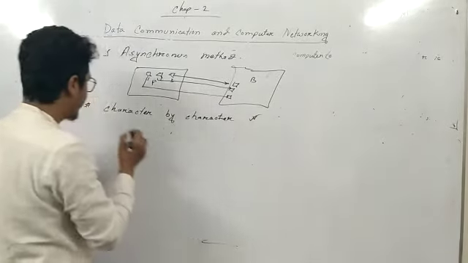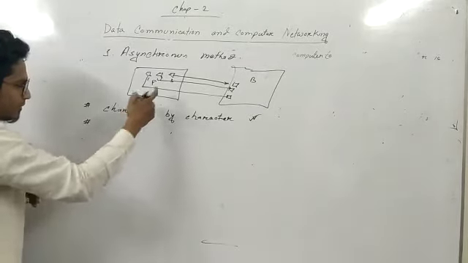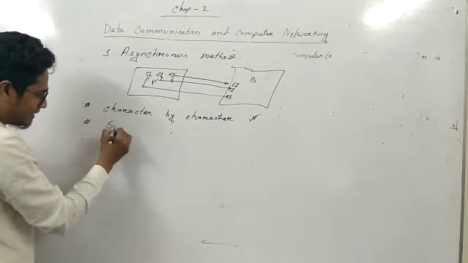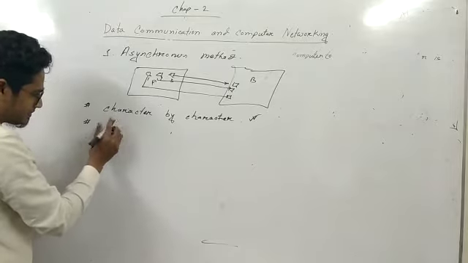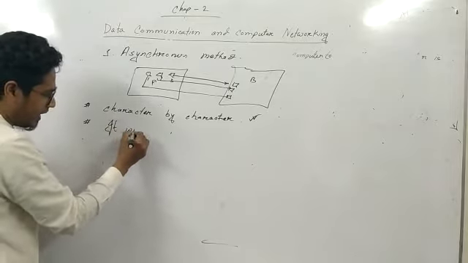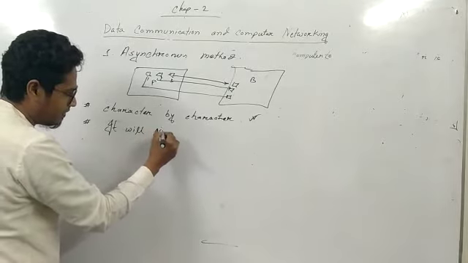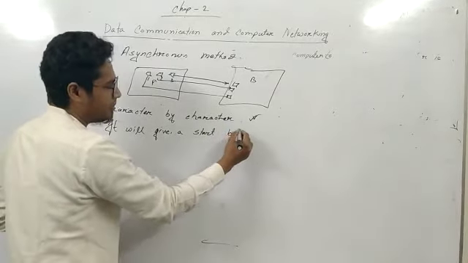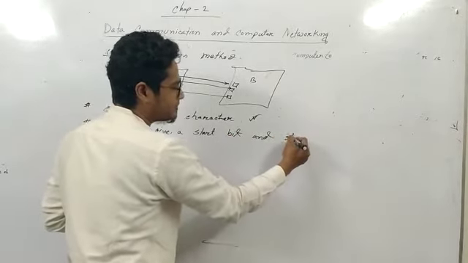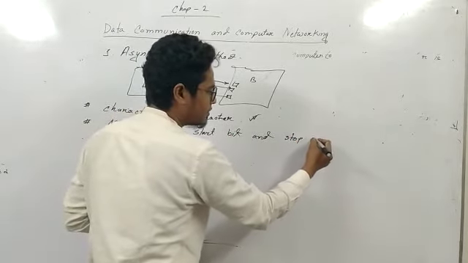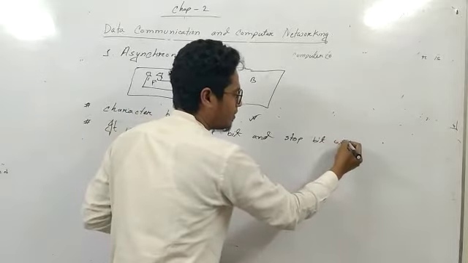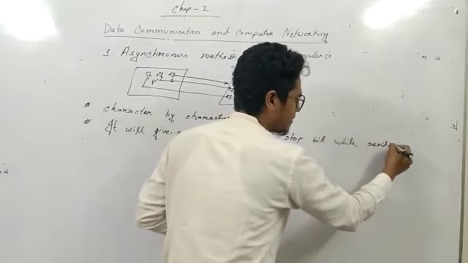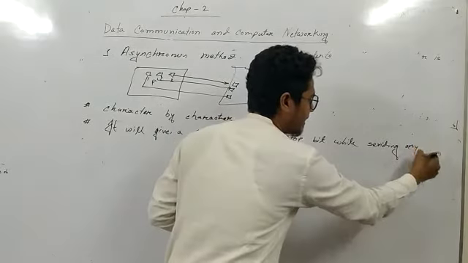Key point: by sending each character, it will give a start bit and stop bit while sending any character.